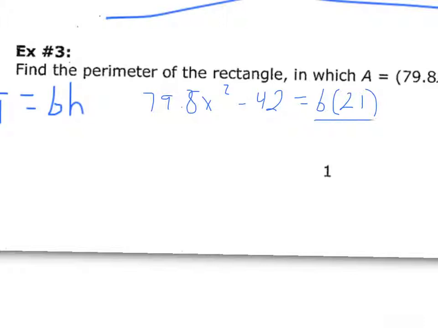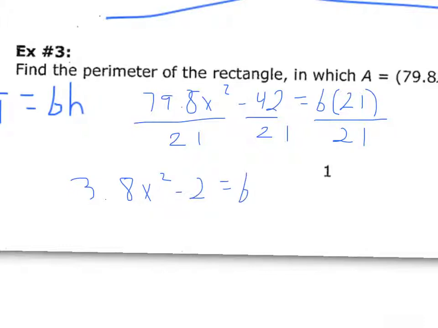We need to solve for b, so we're going to divide each piece by 21. And after that's taken care of, we have 3.8x squared minus 2 equals b. So your base is now 3.8x squared minus 2. Okay, so now we need to find the perimeter.